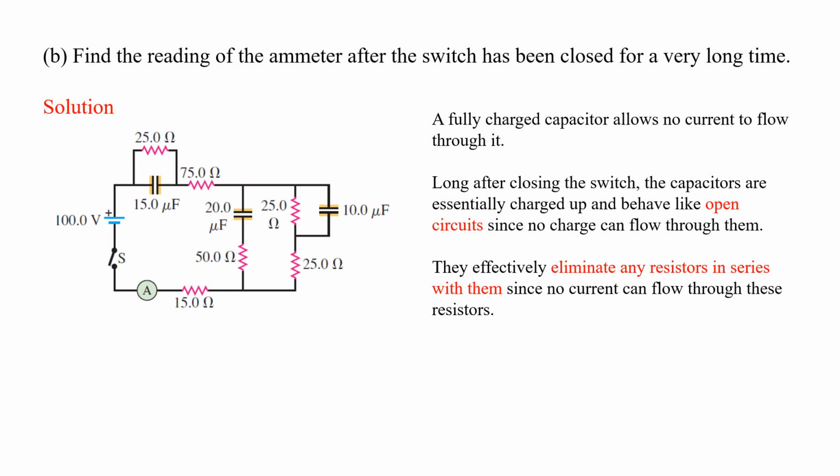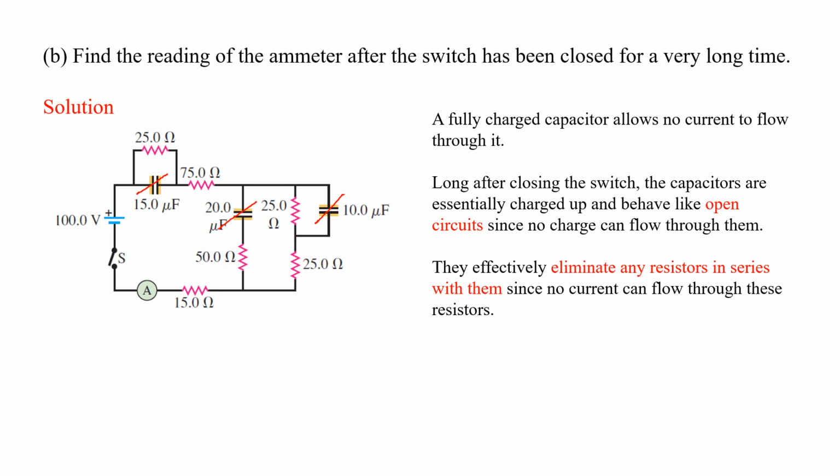So here you have your three capacitors. This one becomes open, that is, there is no connection anymore here. And then this one also becomes open, no connection there, and also this one here.